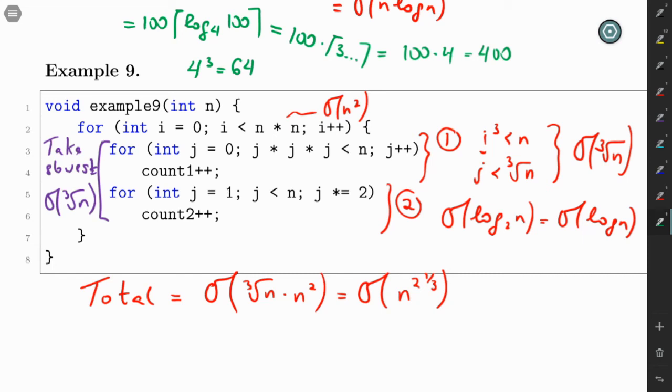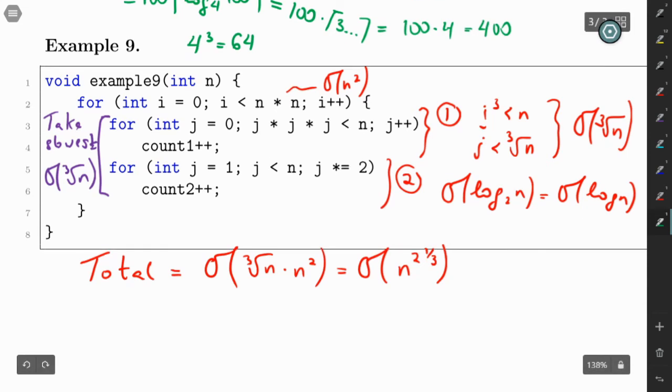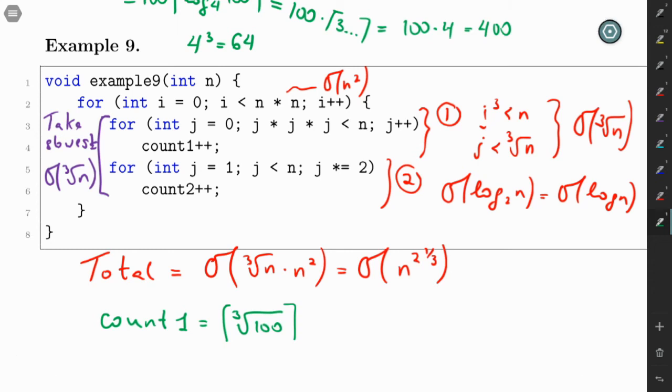And then we just want to figure out the counts. In the first case, count 1, let's first figure out what the count would be if we were just running the inner loop. That would be cube root of 100, and we would also take the ceiling of that because we start from 0, so we have that extra iteration in there.